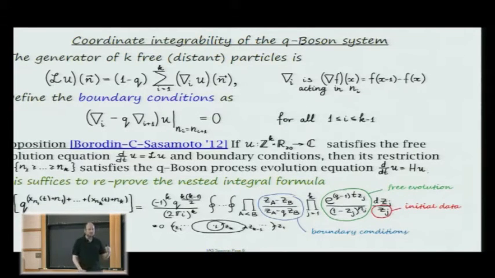You should think of this as an advanced version of the reflection principle. Here I'll give you a proof of this. Imagine that you have a cluster of 3 particles, n1 equals n2 equals n3, and they've come together. Of course, this equation is no longer correct, but we have a boundary condition, and the boundary condition tells me that I can express the derivative in direction 1 in terms of q times the derivative in direction 2, and in fact in terms of q squared times the derivative in direction 3.